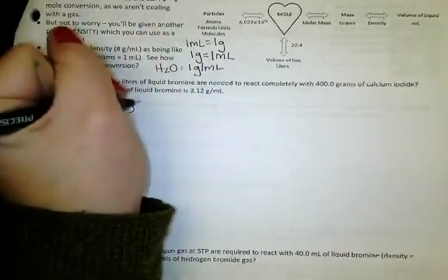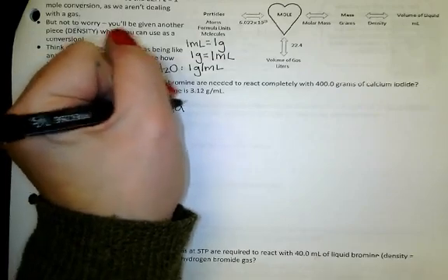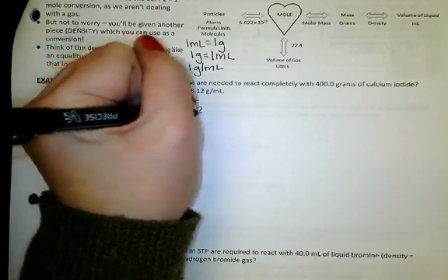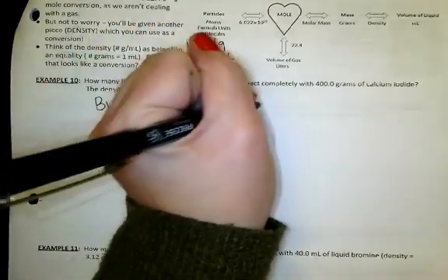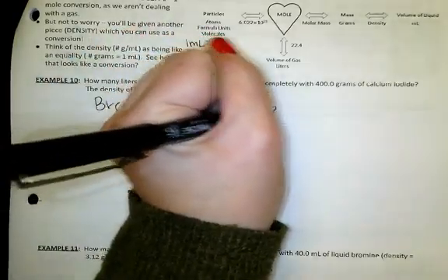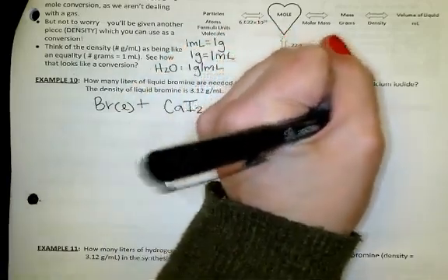Plus calcium iodide is going to produce iodine, which is a solid, if you look on the periodic table, and calcium bromide. Okay?